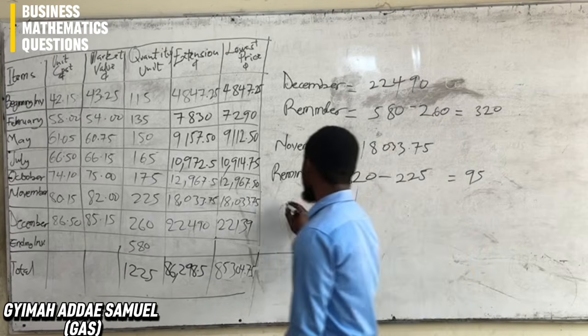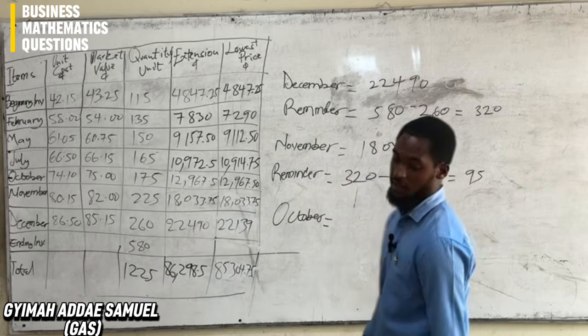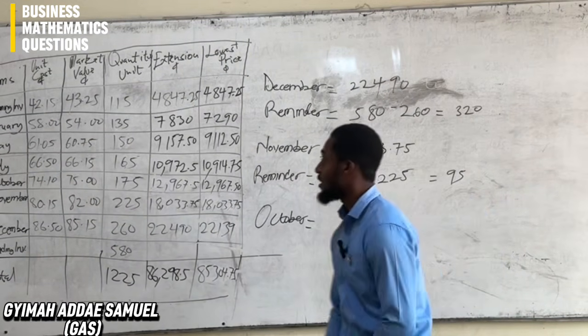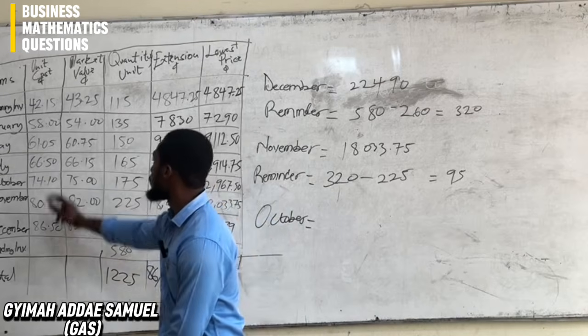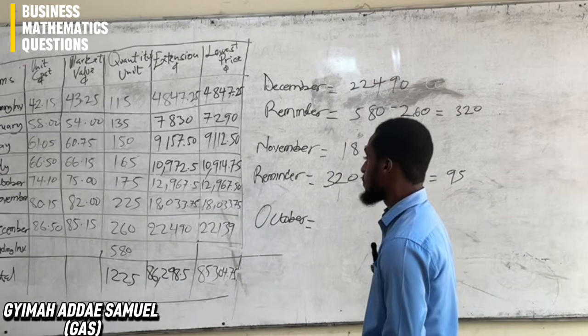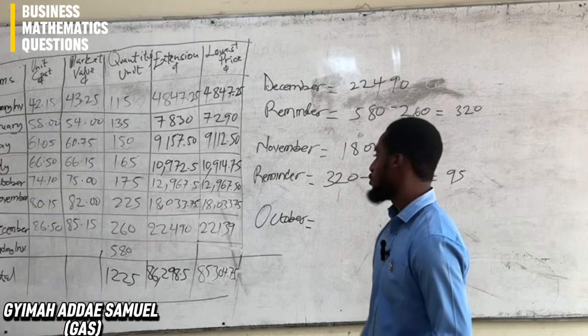So now when we get to October, the 95 we have here will be multiplied by our unit cost for October, which is 74.10.